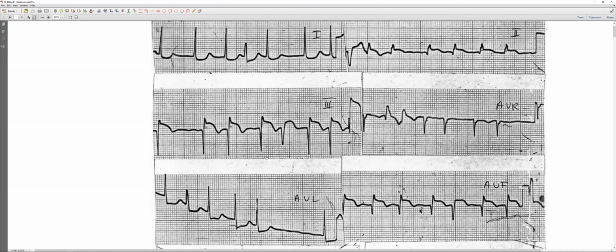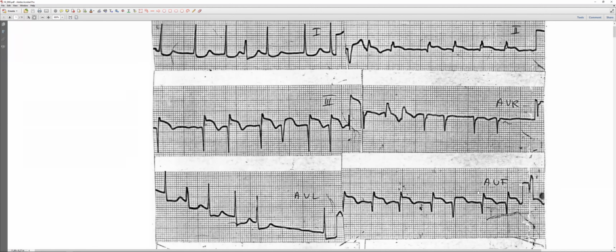We can see pathological Q waves in lead 3, and in AVF, because these two come together. So we can call this an inferior MI. And which stage?